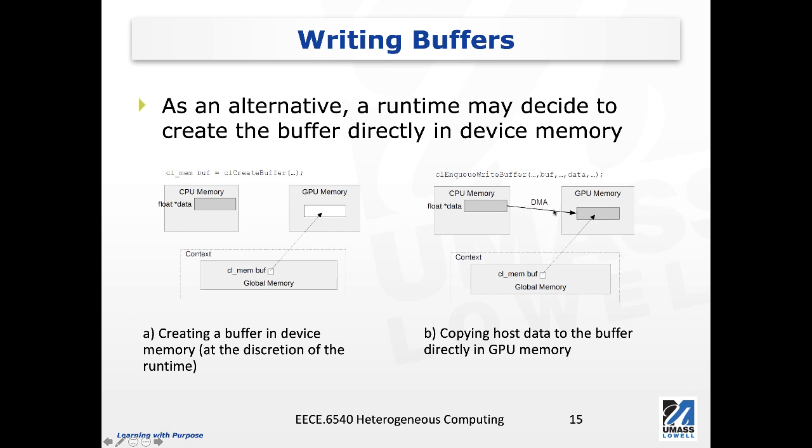After this is done, we actually have the buffer object pointing to the device memory, which now contains the initial data. We now have the buffer object pointing to the space on the device side, which contains the actual initial data.